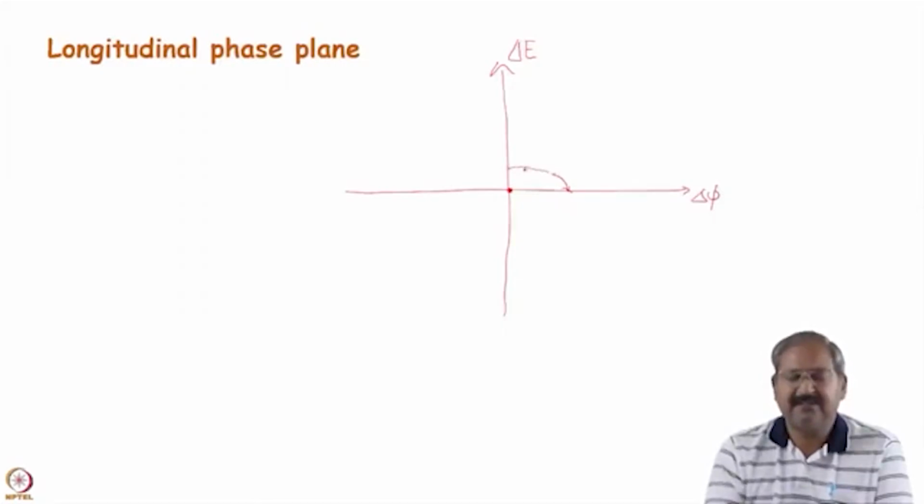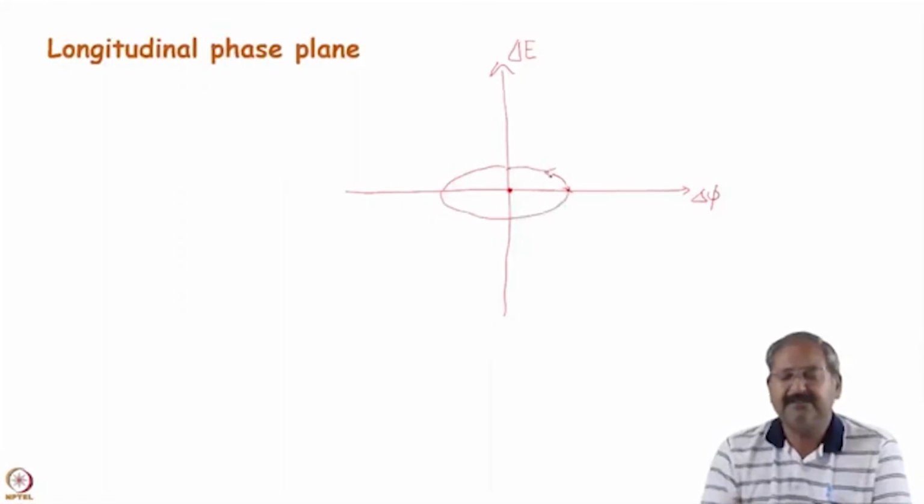After this, when the particle crosses the phase of the synchronous particle, its gap in energy with the synchronous one will reduce, and it will come here, and again it will come. So this is the kind of ellipse we get in the longitudinal plane. This shows the simple harmonic oscillations.